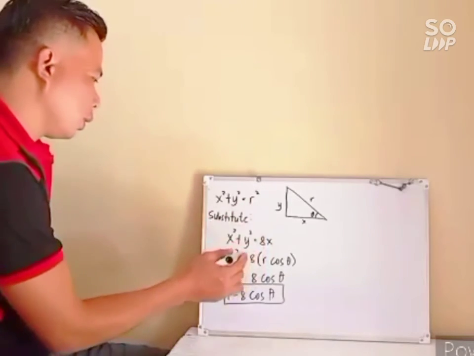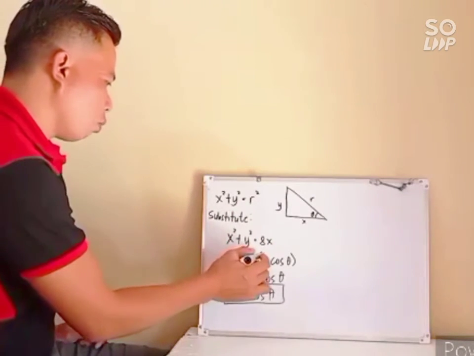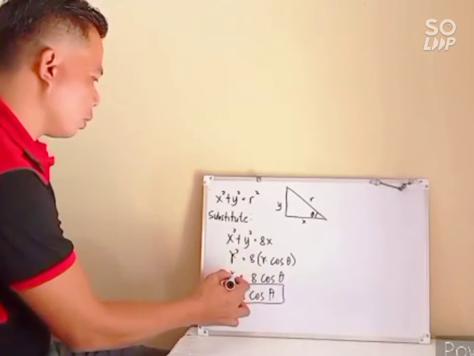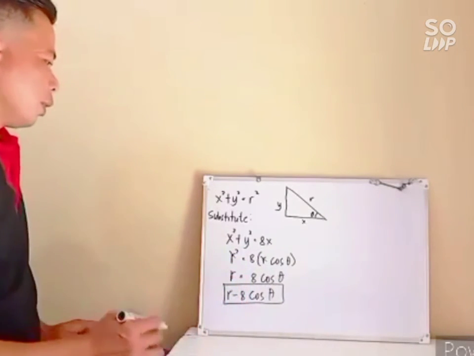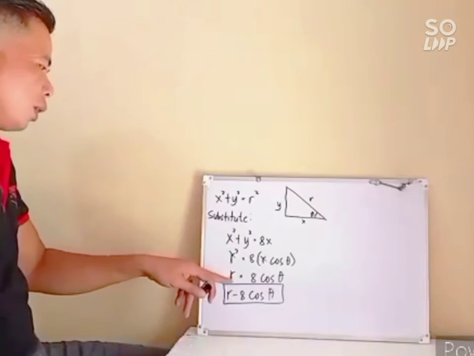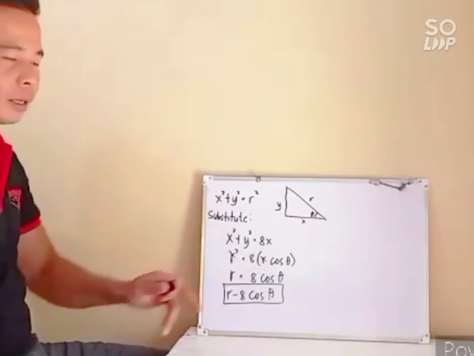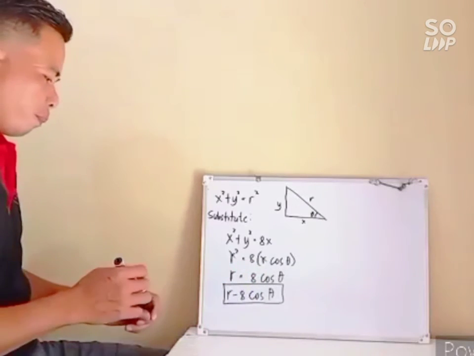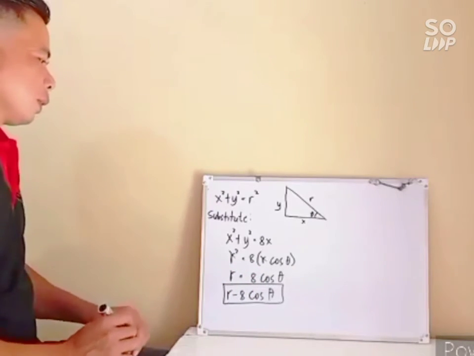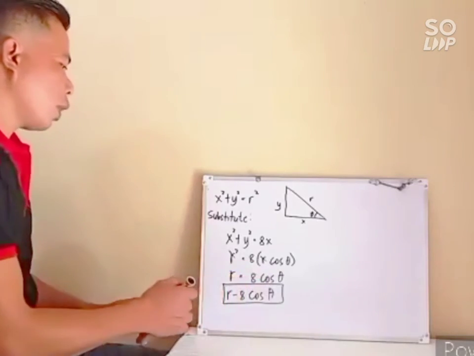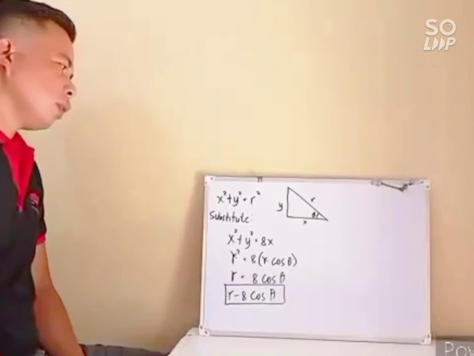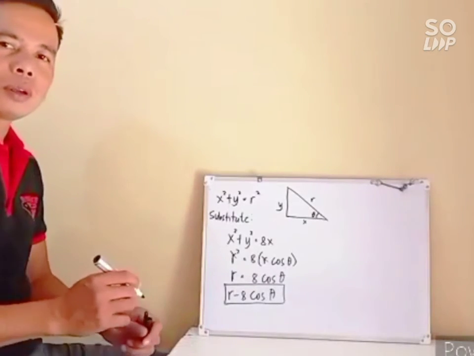Then we can cancel the r, so only one r remains, so it becomes r equals 8 cosine theta. So that is our answer.